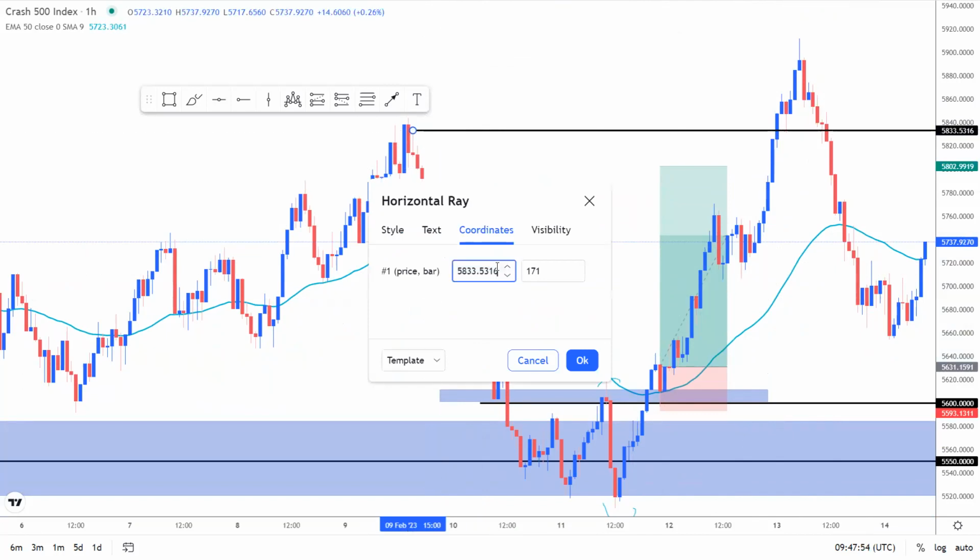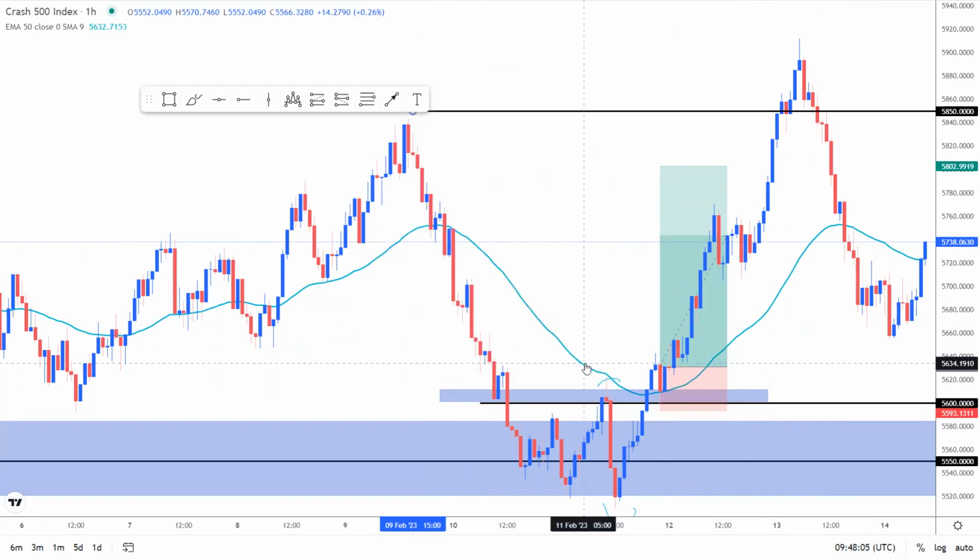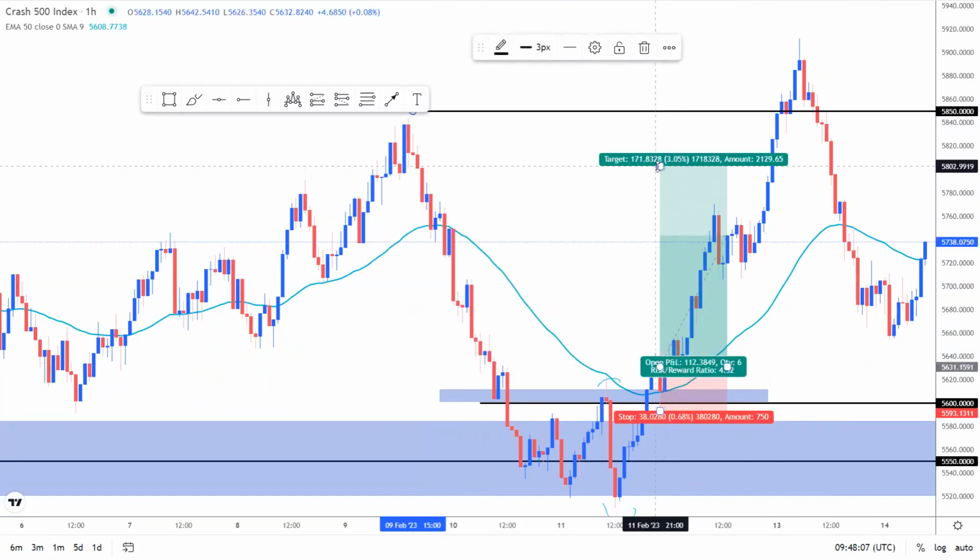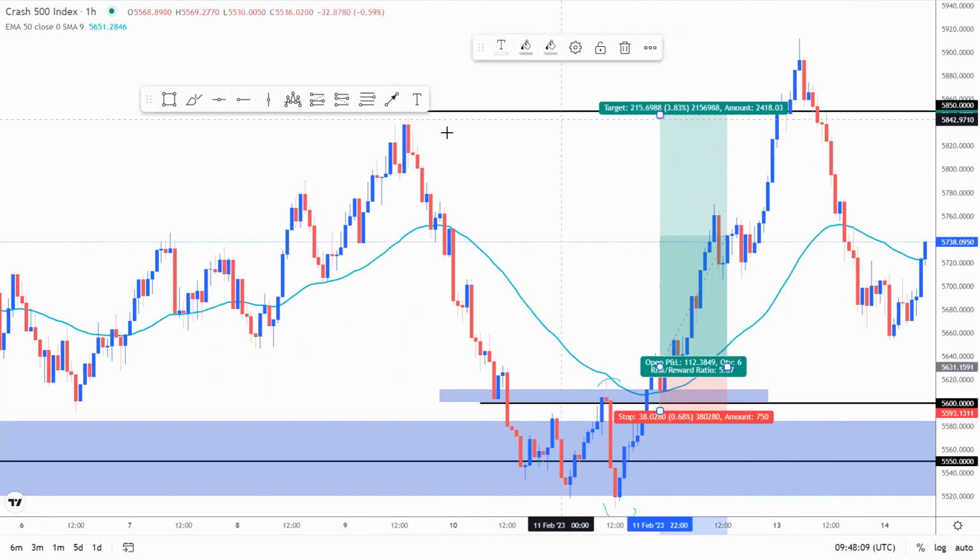Yeah, if I remember very clearly, I had my take profit somewhere around 5,850. So I pretty much was expecting price to come back to previous swing highs.